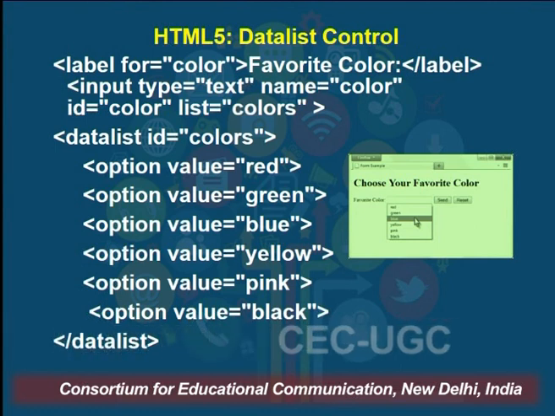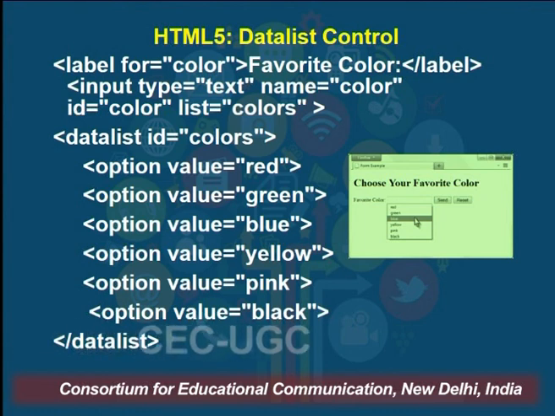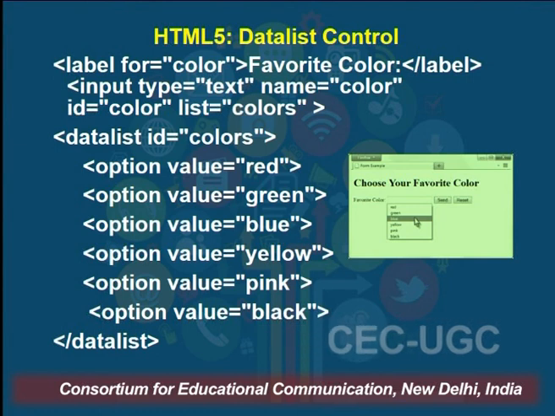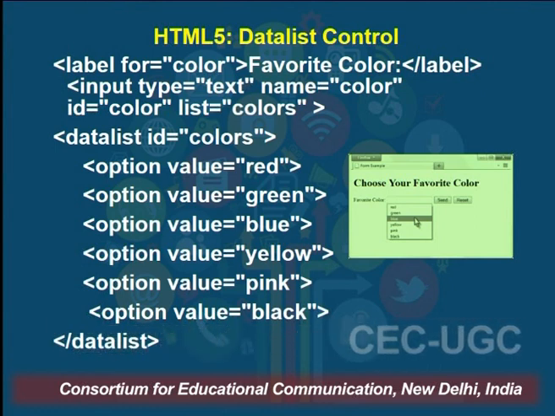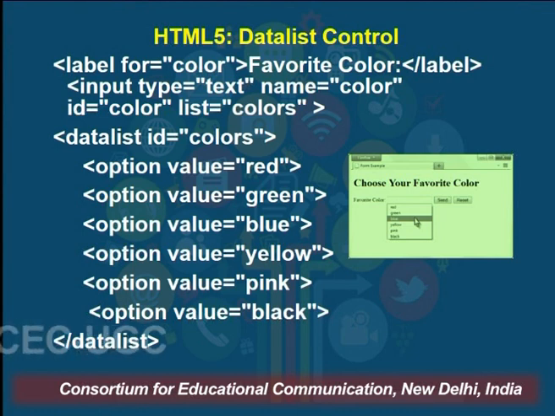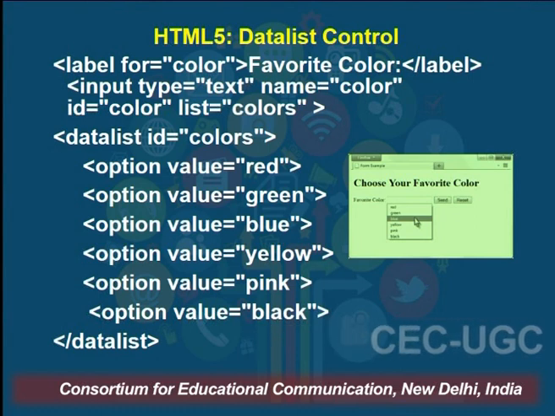So in data list, this is the format and how it appears. You have to specify the ID for the data list, and then you can specify the different values for the data list. Whatever you are specifying in the option value is going to appear in your data list, and this is the value which is going to be sent to the server also.